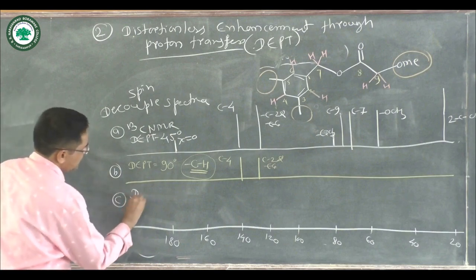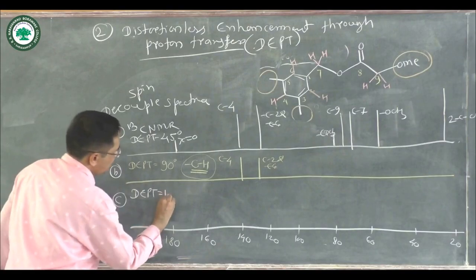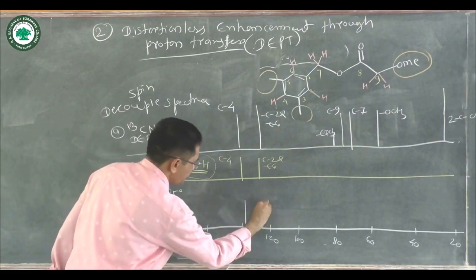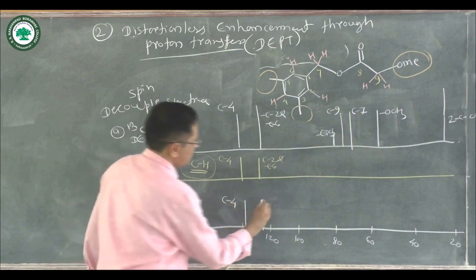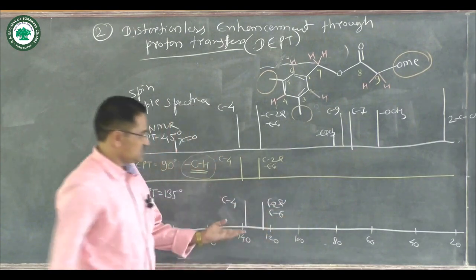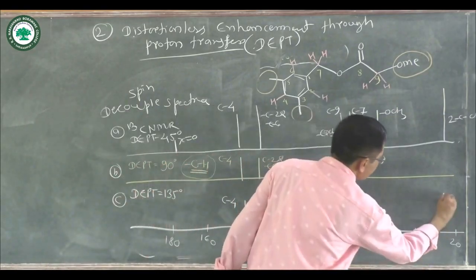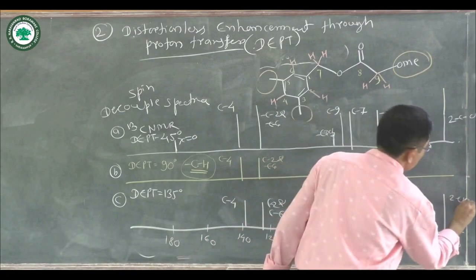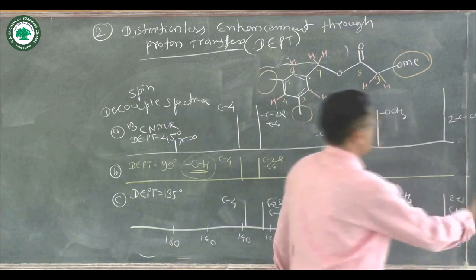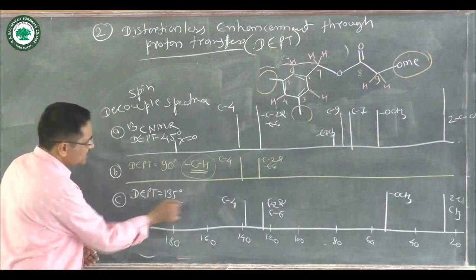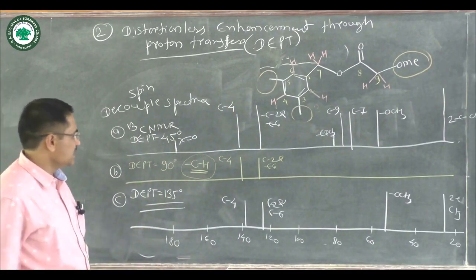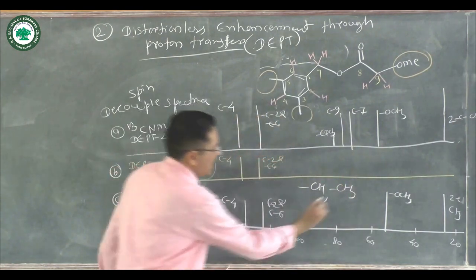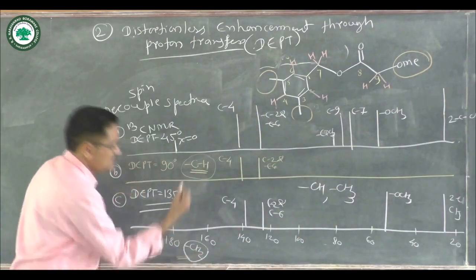Now when we consider the third spectra, DEPT 135, here CH and CH3 are on the upward side, which means DEPT 135 distinguishes between CH, CH3 and CH2.